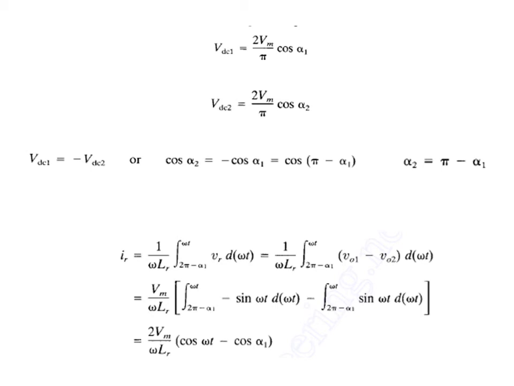It is minimum when alpha 1 is equal to 0 and omega t is equal to n pi, where n is equal to 1, 3, 5, 7, that is, odd numbers. If the peak load current is IP, one of the converters that controls the power flow may carry the peak current, and the value of that peak current is given by IP plus 4 Vm divided by omega L.